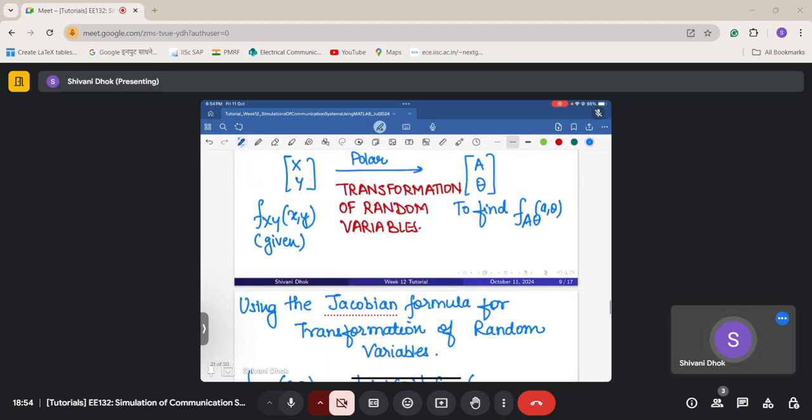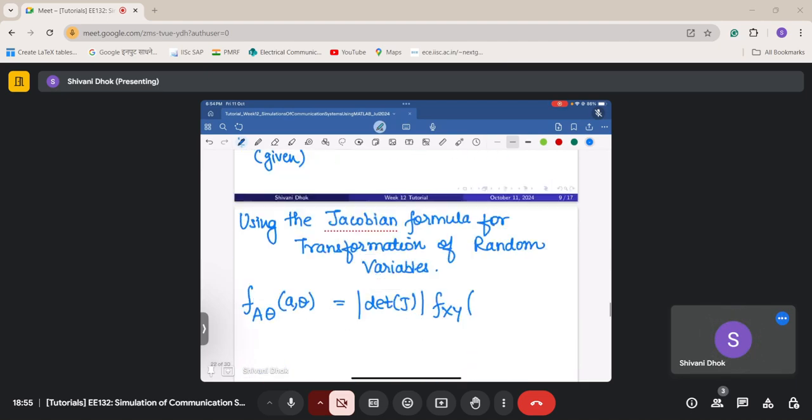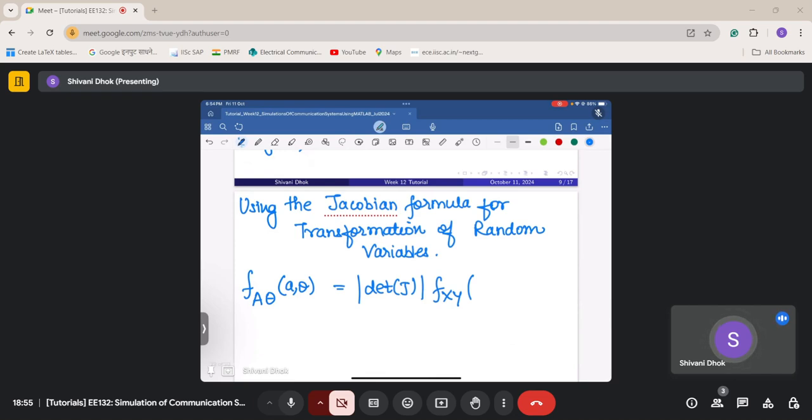you know that x is equal to A cos theta and y is A sin theta. So this will be f xy evaluated with x at A cos theta, comma y evaluated at A sin theta.